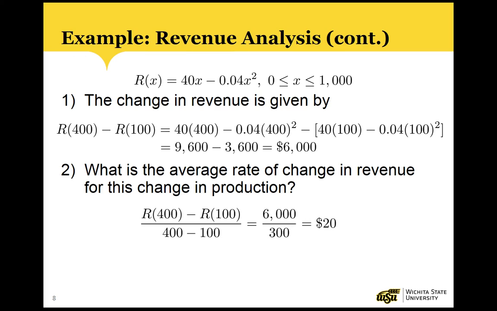The average rate of change of revenue for this change in production is given by the difference quotient: the final revenue minus the initial revenue, divided by the final production value minus the initial production value. So (R of 400 minus R of 100) over (400 minus 100), which gives us an average change in revenue of $20 per unit.